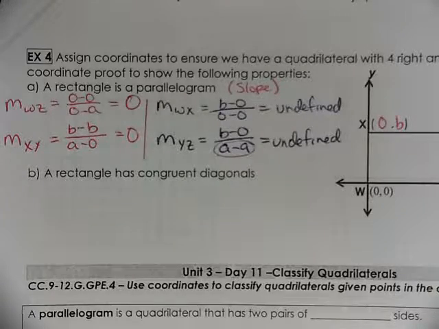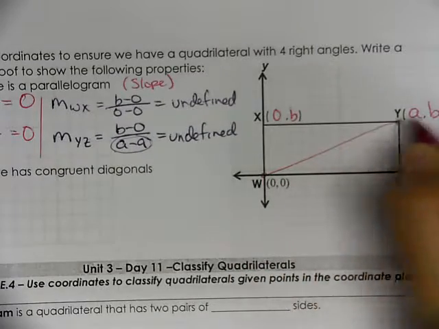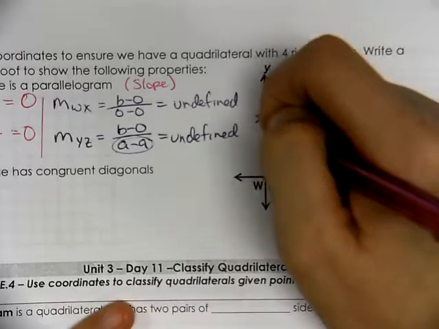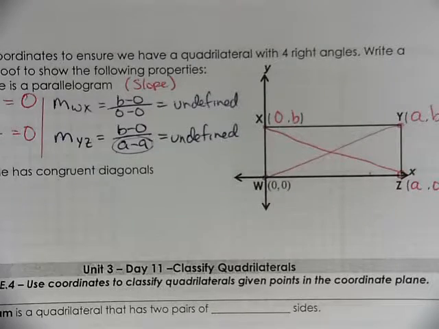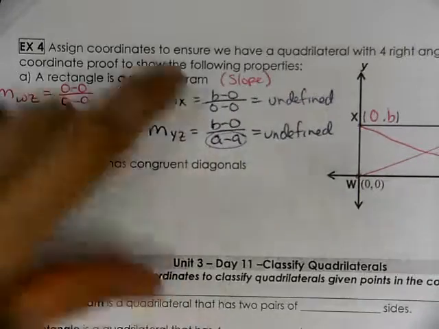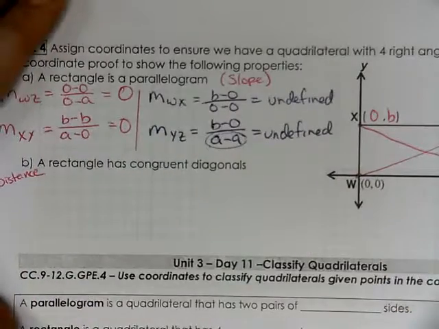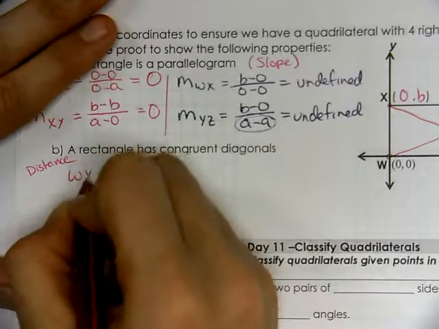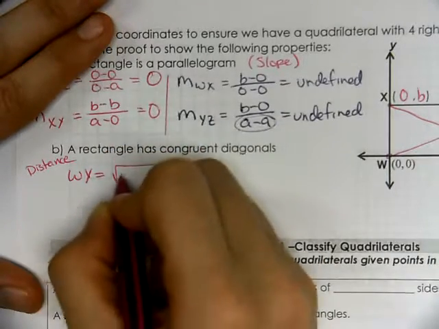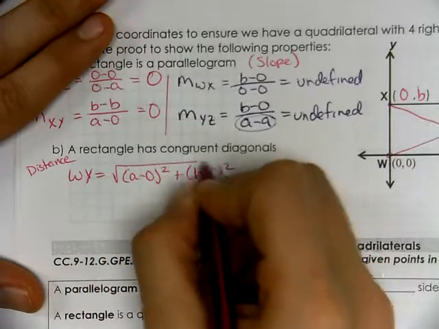Okay, last one. Let's prove the rectangle has congruent diagonals. So we want to prove W to Y is the same as X to Z. So which formula am I going to use? I want to prove they're congruent. I've got to use distance. So, W to Y, A minus 0 squared, B minus 0 squared.